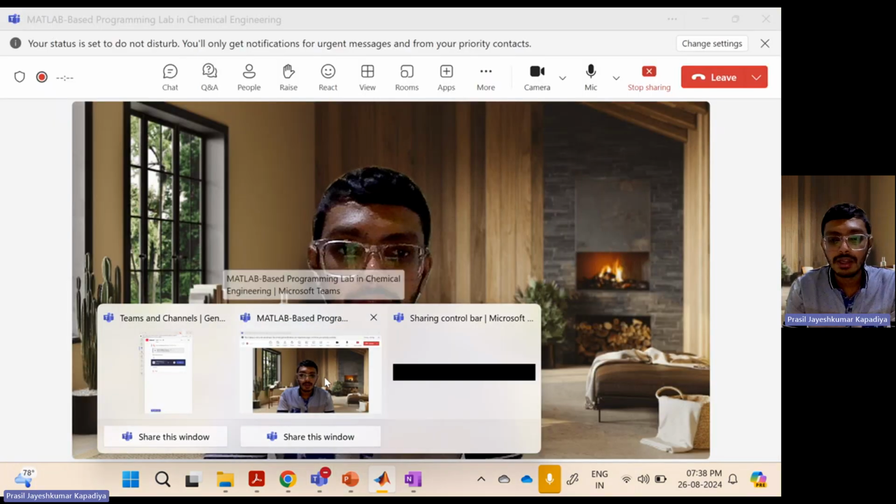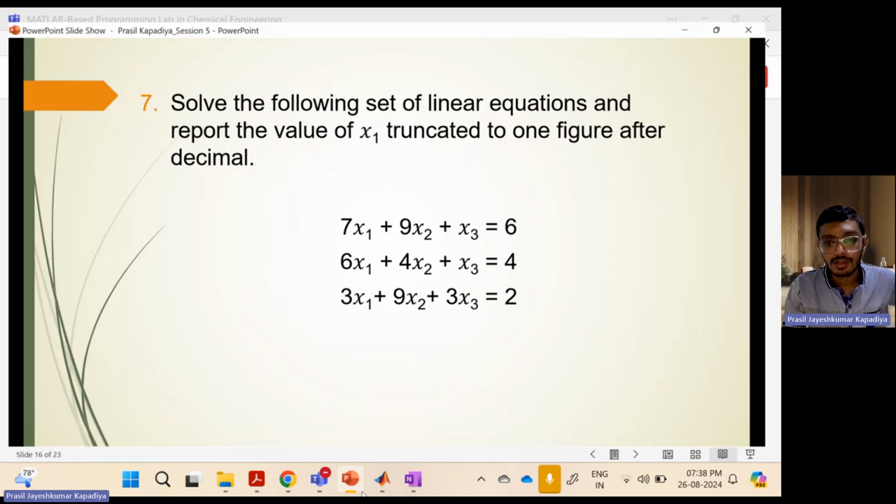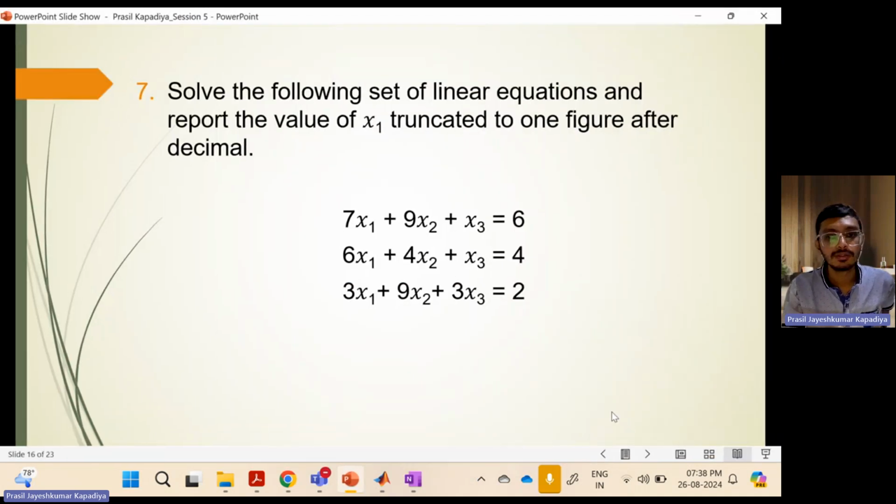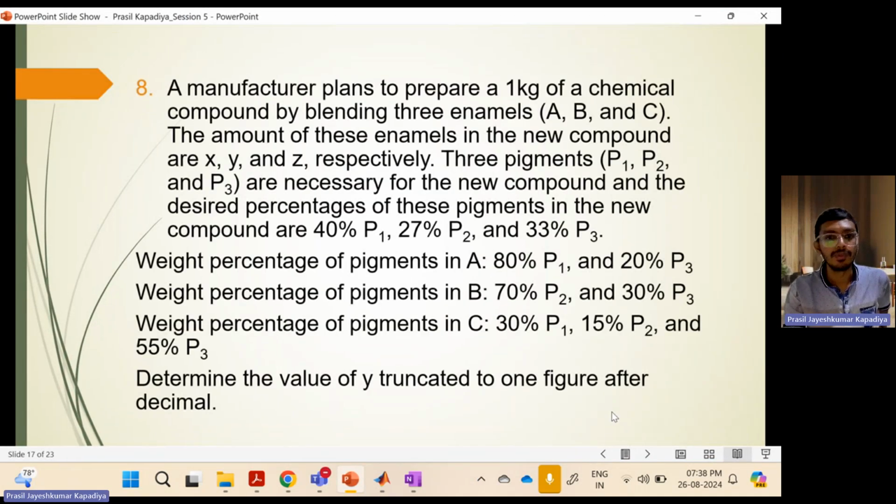Okay, my next question is here. A manufacturer plans to prepare 1 kg of a chemical compound by blending three enamels A, B, and C. The amounts of these enamels in the new compound are X, Y, and Z, respectively. Three pigments P1, P2, P3 are necessary for the new compound.